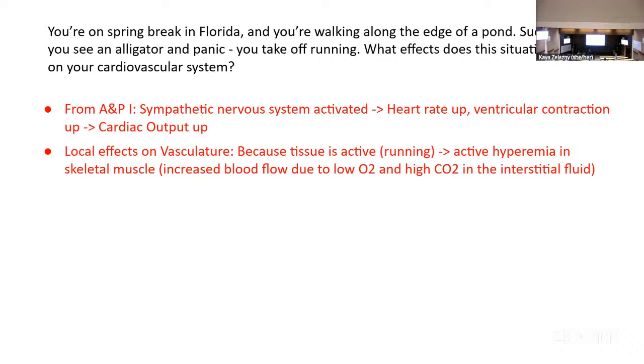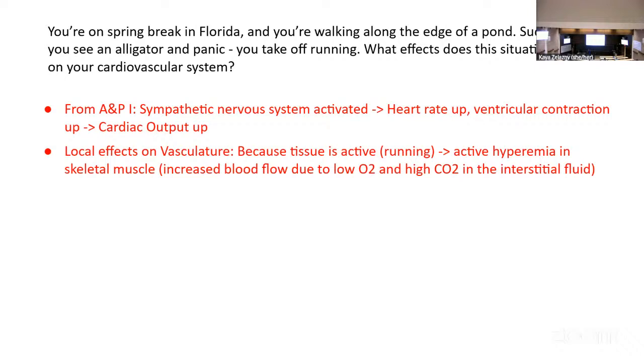So one of the immediate ways we do this is through just local effects. When we see those low oxygen concentrations in the fluid next to our tissue, so right between our muscle and the arterial and capillary bed going to it, we're going to see low oxygen here.